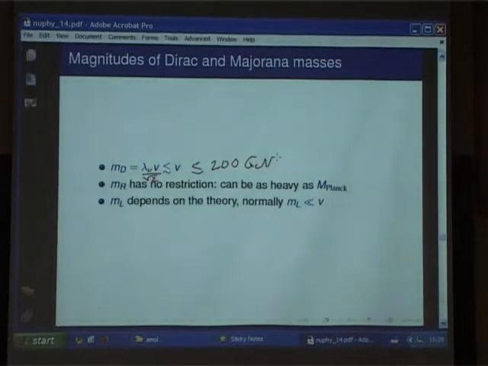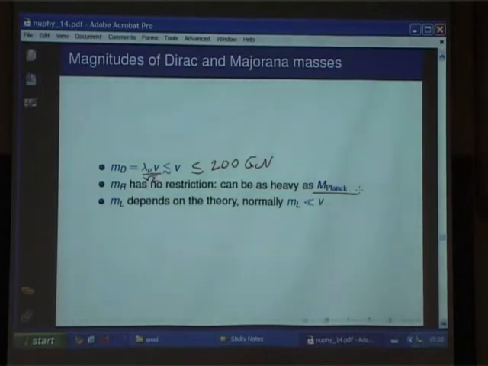What about M_R? M_R was the term M_R, mu R C bar mu R. And we said there is no other restriction. Lepton number should be violated. Once you violate lepton number, that's it. Then it can have any mass. So this mass can be as heavy as M Planck in principle. There is no other scale. Or one can say that there is some scale at which you violate lepton number.